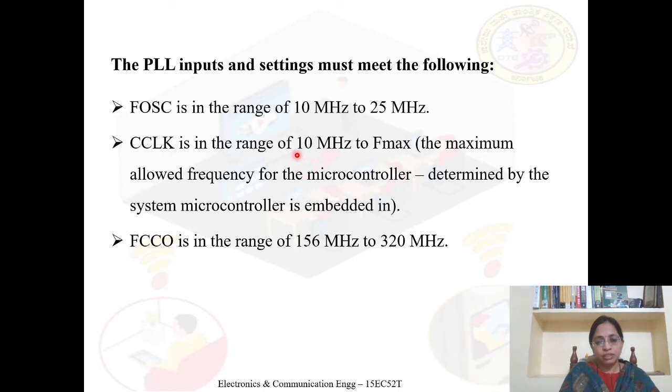The output should be in the range of 10 megahertz to the maximum frequency supported by the microcontroller, usually 60 megahertz. And FCCO is the frequency of the current controlled oscillator. It should be in the range of 156 megahertz to 320 megahertz.